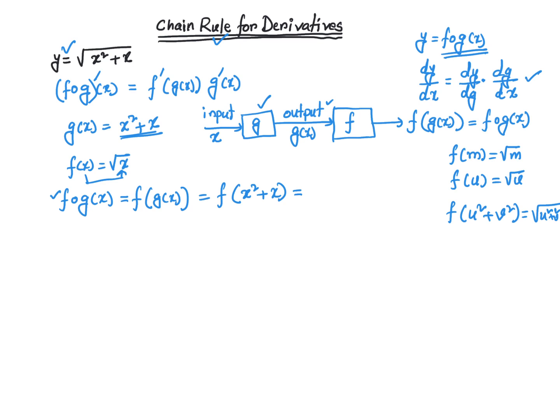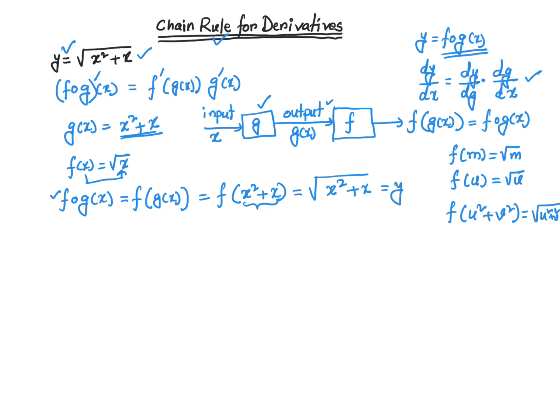Now in this case, f is taking as input x squared plus x, and all it is going to do is take the square root of what you gave it. And what did we give it as input? x squared plus x. By the way, this is nothing but this function y.